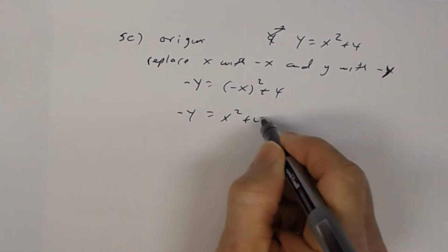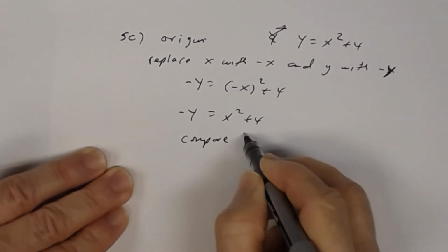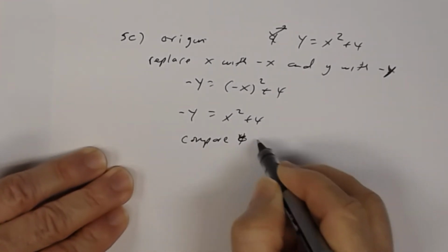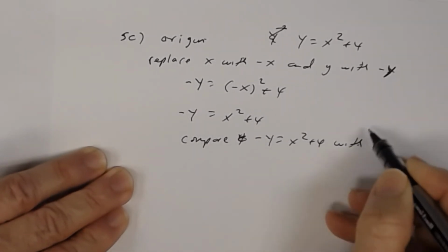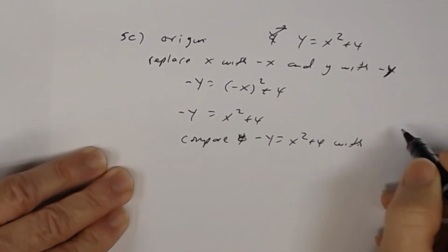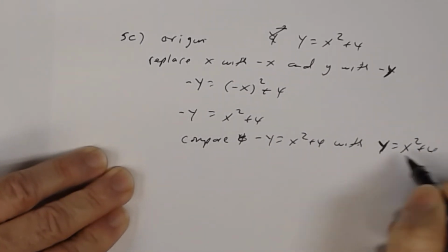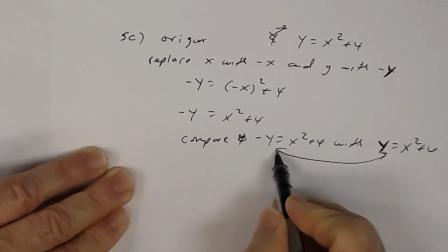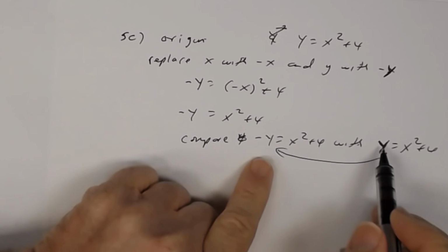Now compare negative y equals x squared plus 4 with the original y equals x squared plus 4. Are those the same? No, they're not the same. The right sides are the same, but the left sides are not.